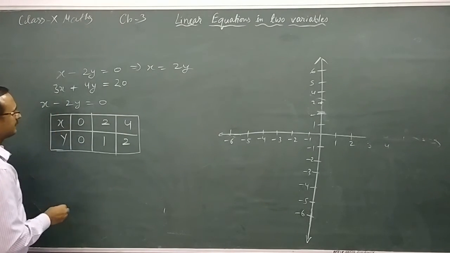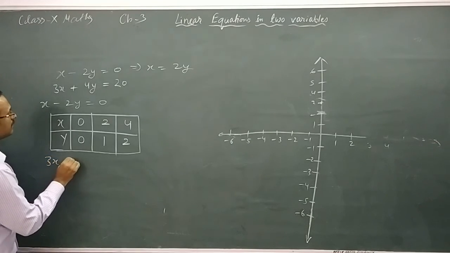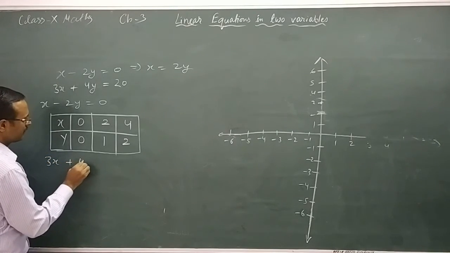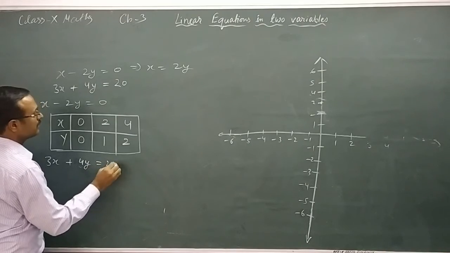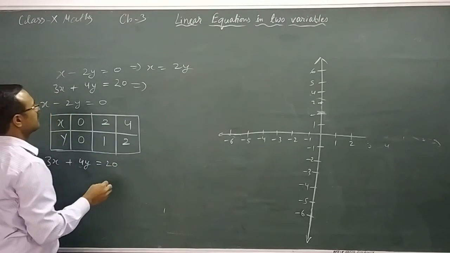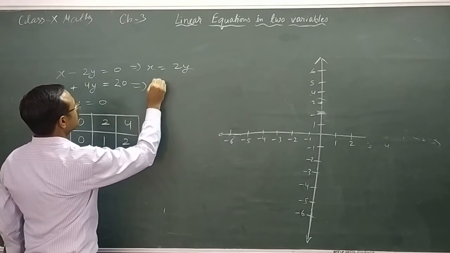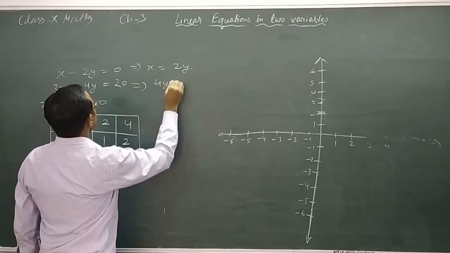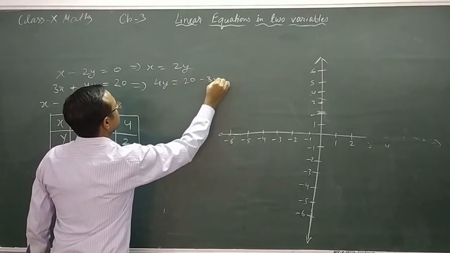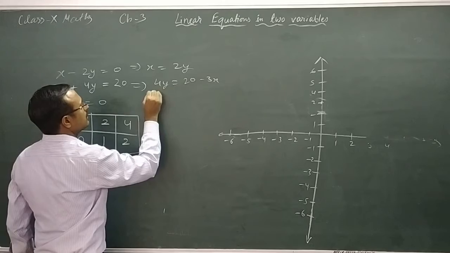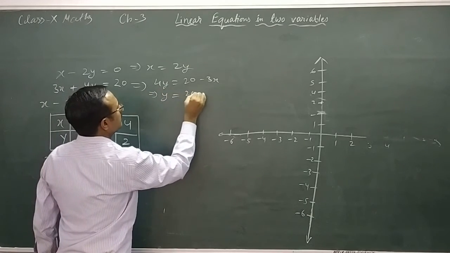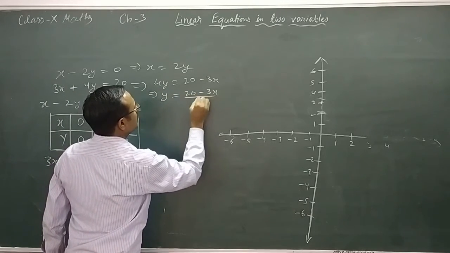For the second line, that is 3x plus 4y equal to 20, rewriting this equation, we can write 4y equal to 20 minus 3x, or y equal to (20 minus 3x) upon 4.